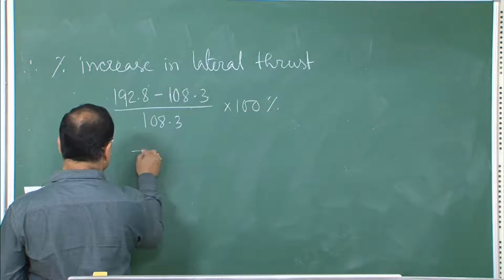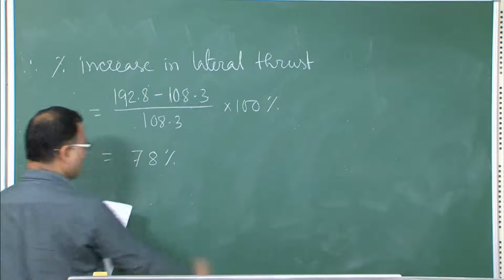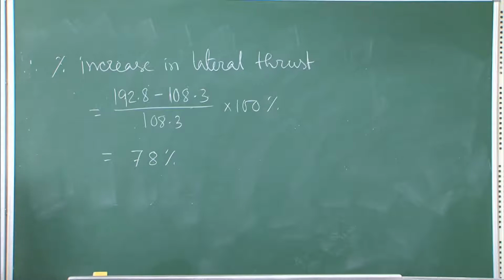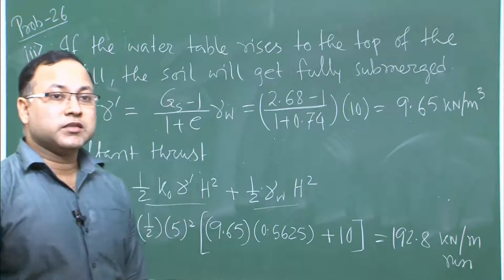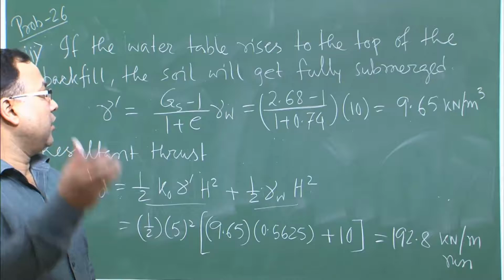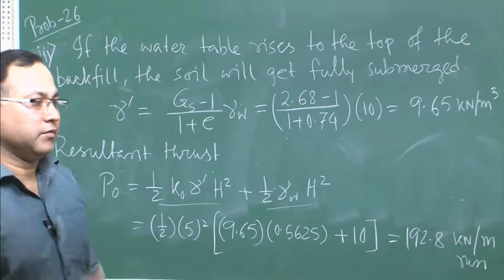That comes around 78%. So, you are getting 78% increase on the lateral thrust once the water table is rising up to the top of the backfill.